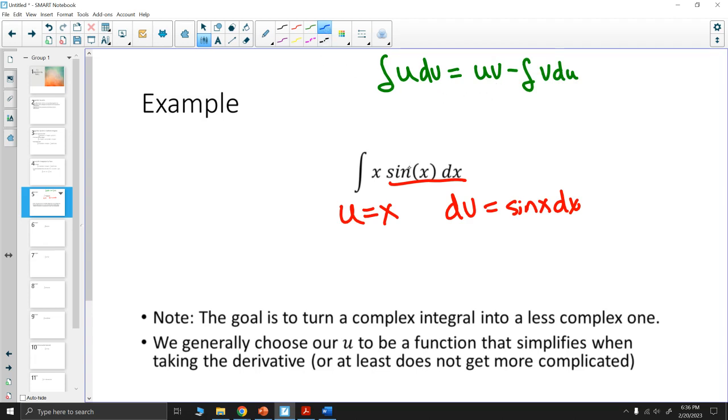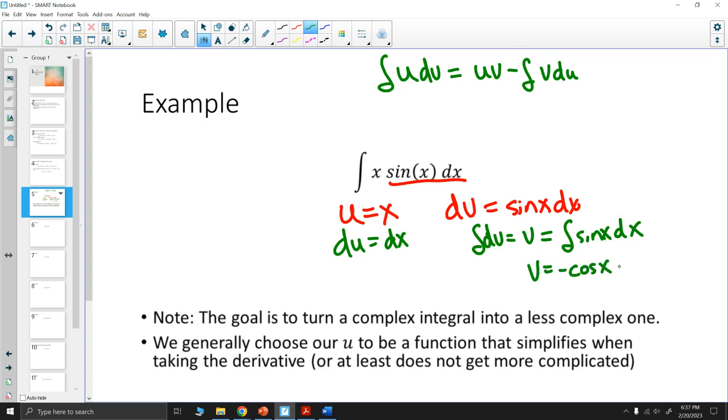So we're choosing our u to be x and our dv to be sine x dx. What we do then is derive it, much like our u sub. du is dx, and we integrate dv to get a v. So v is the integral of sine x dx. Well, that would be a negative cosine. So v is negative cosine x.